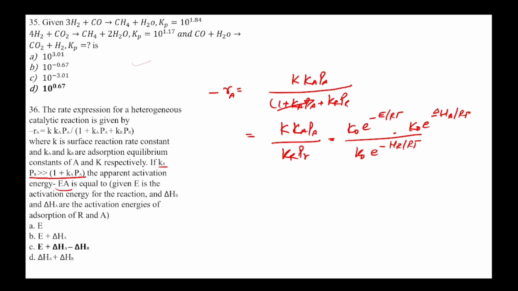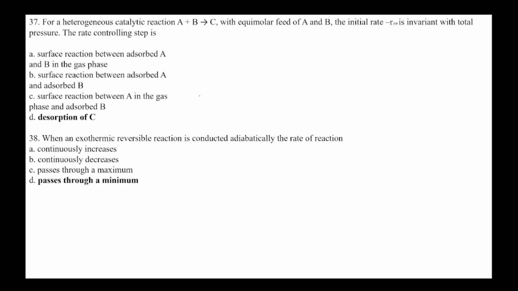Now you will get this answer after solving. This particular question we will not see right now because some of the information is missing, and I will make a separate video for that question.